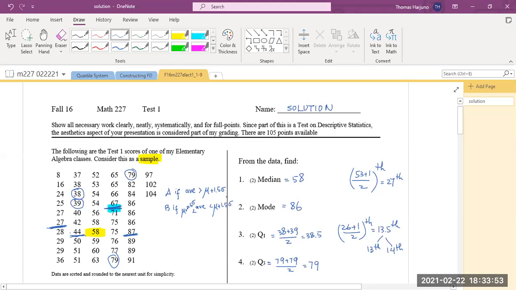So the class average may be very, very low, but you still get an A. It is possible that the class average is very, very high, but you still end up with a C. That's what we call curve. That's the actual meaning of curving the grade.